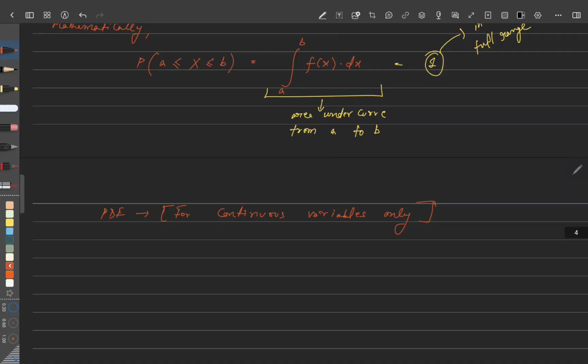Another way to remember this is that you have raw data, then you create a histogram just like we did, and then a smoother histogram, then you get a PDF.